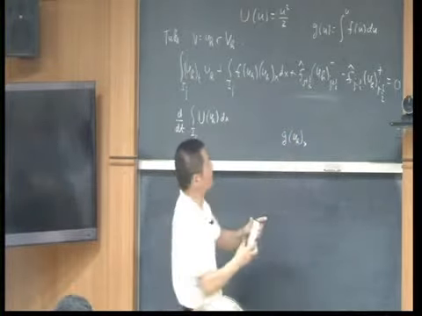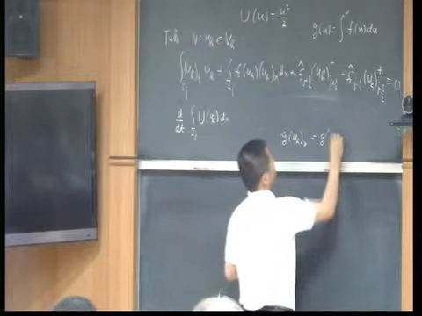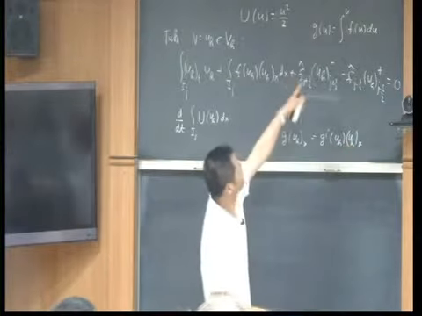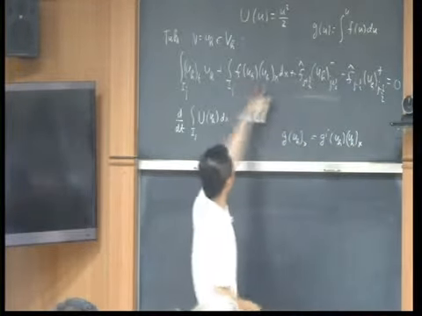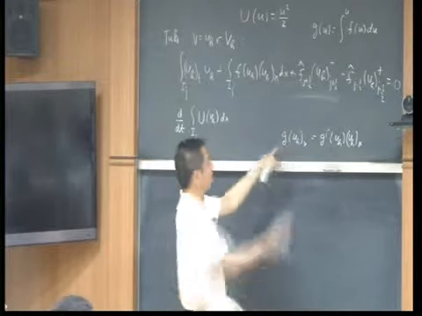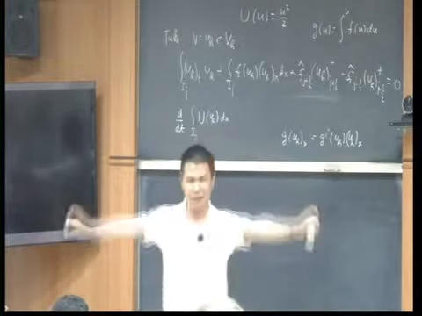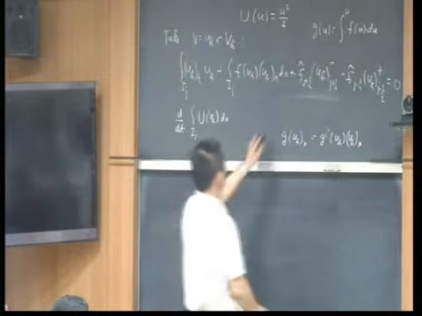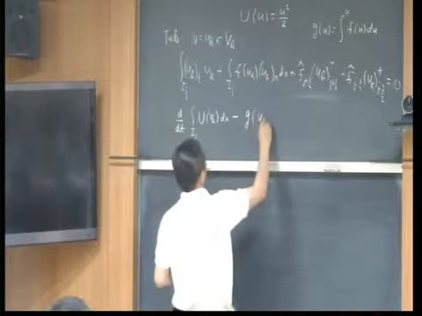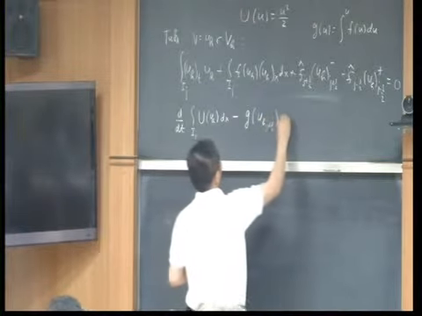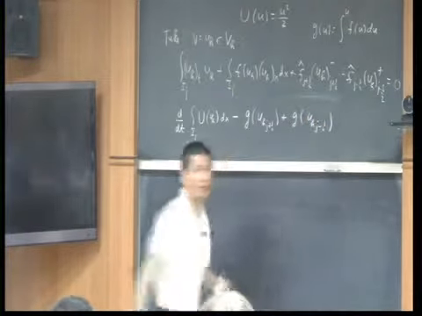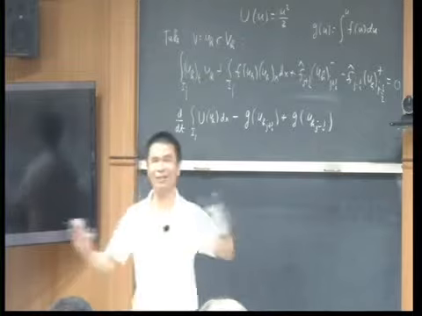Because G of UH sub x is G prime of UH times UH sub x. And G prime of U is just f of U. So this thing inside I_j is just this guy. So inside I_j is a perfect derivative, so you integrate, you get the boundary contribution of this guy. So basically you get G of UH at j plus half minus G of UH at j minus half. However, never write it this way because this makes no sense.